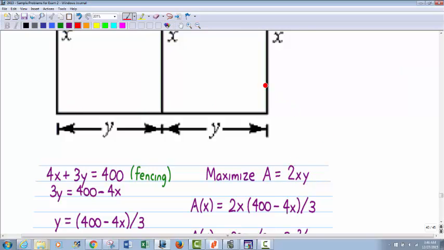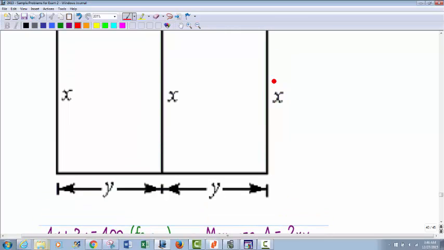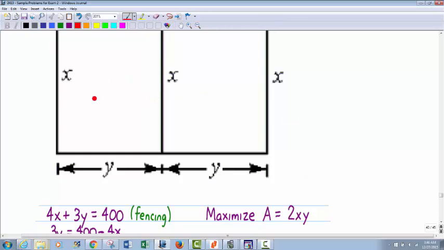There are two ways to look at it. You ignore the width of the actual fencing. You can look at it as y plus y equals 2y times x, which makes 2xy. Or you can look at it as two separate xy's added together, so xy plus xy would be 2xy.